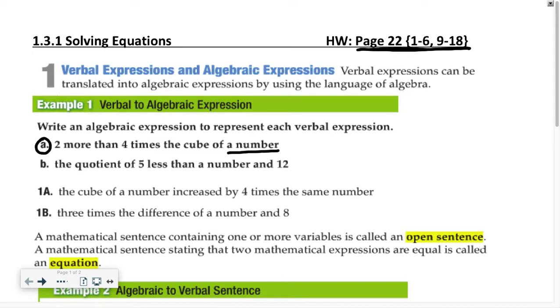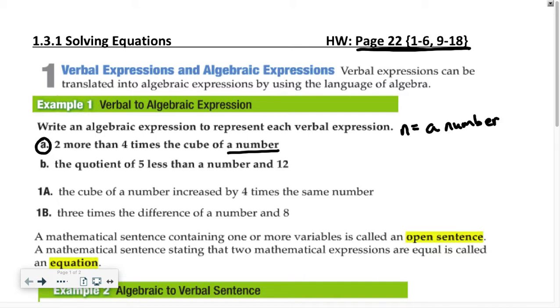So let's say that for all of these examples, n is a number. You could use x; you can use whatever letter you'd like. You just need to say what it's equal to.